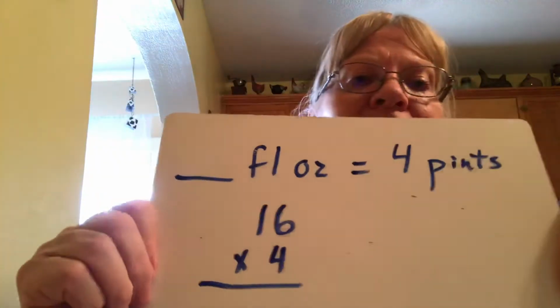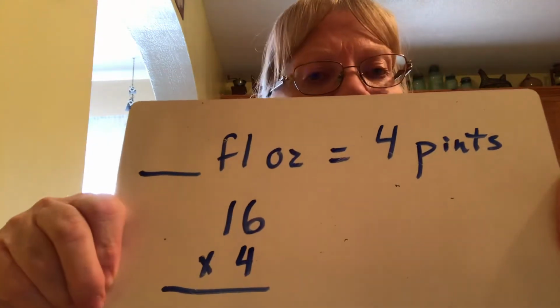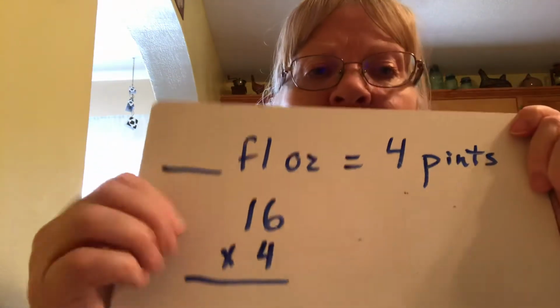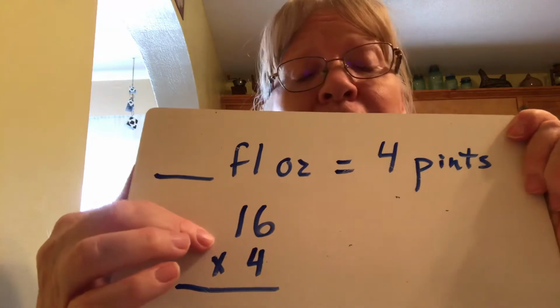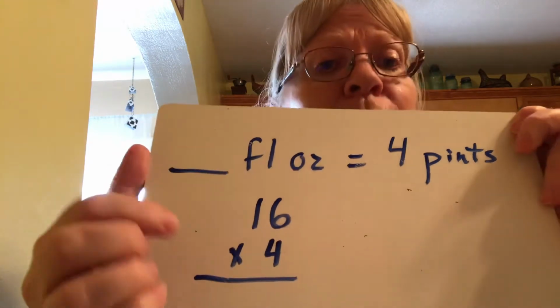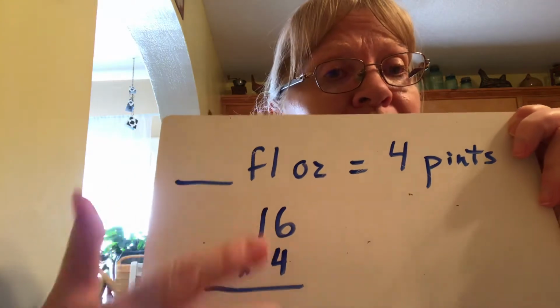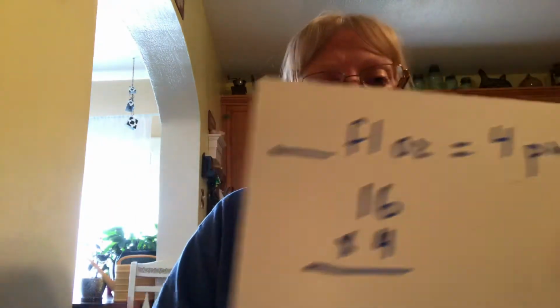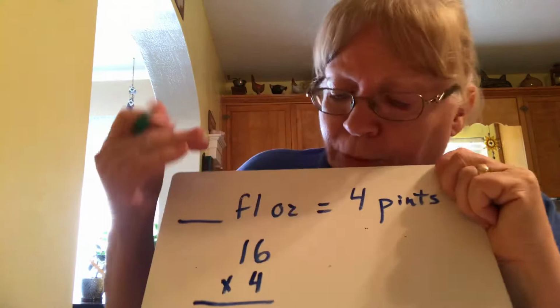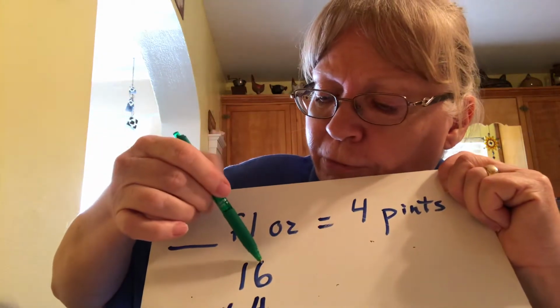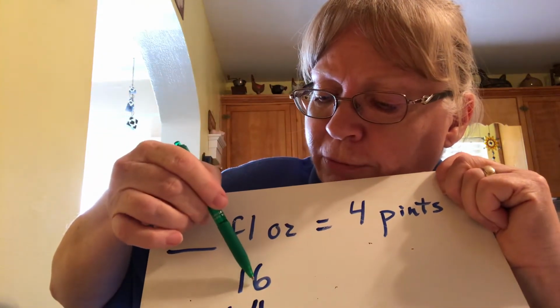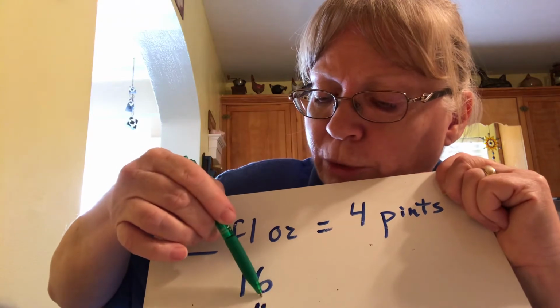So if we have 16 ounces and we have 4 pints, since 1 pint is 16 ounces, to figure out how much 4 pints would be, we're going to multiply it by 4. First we do 4 times 6, so 4, 8, 12, 16, 20, 24.